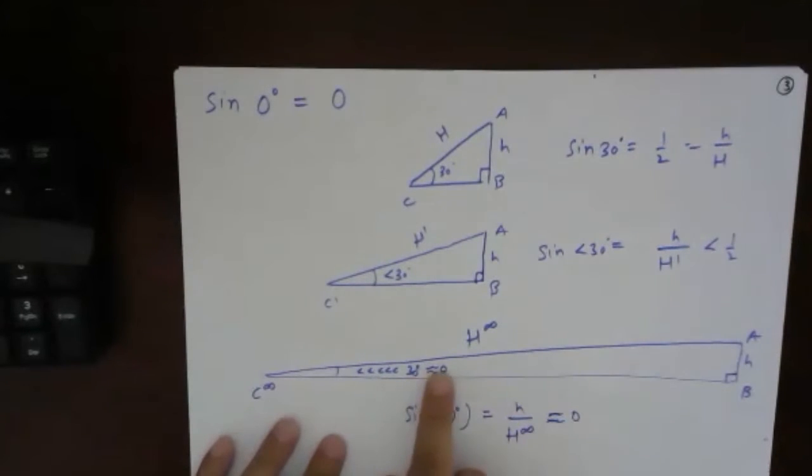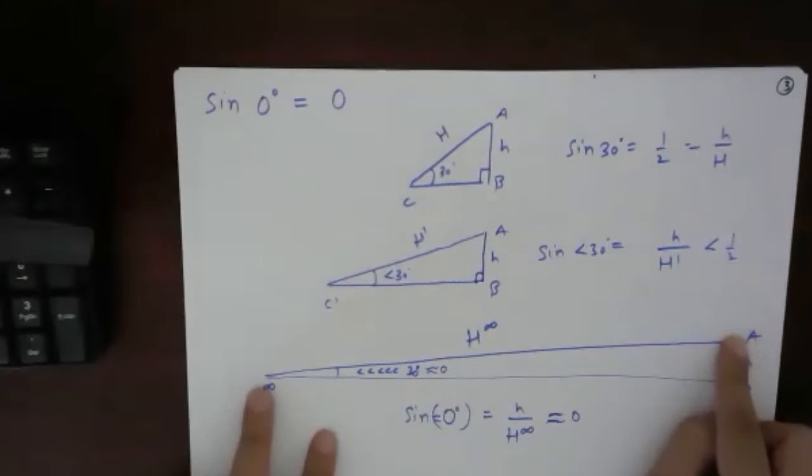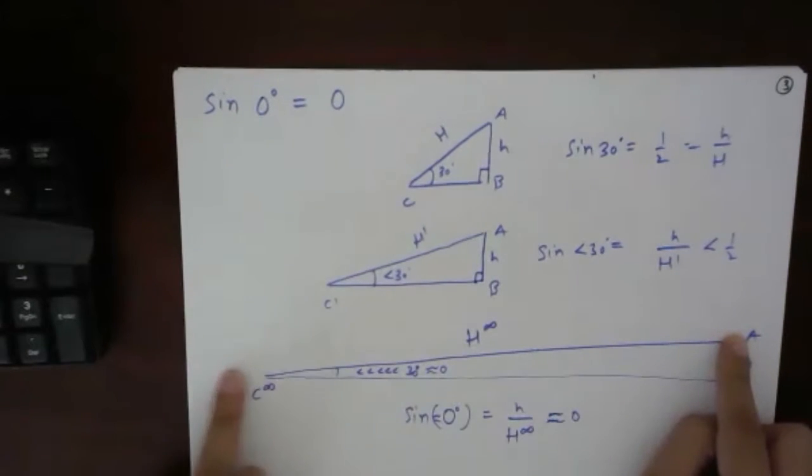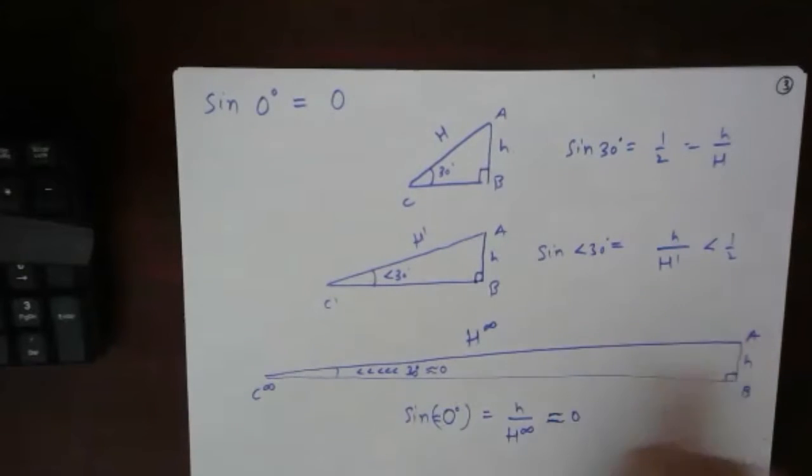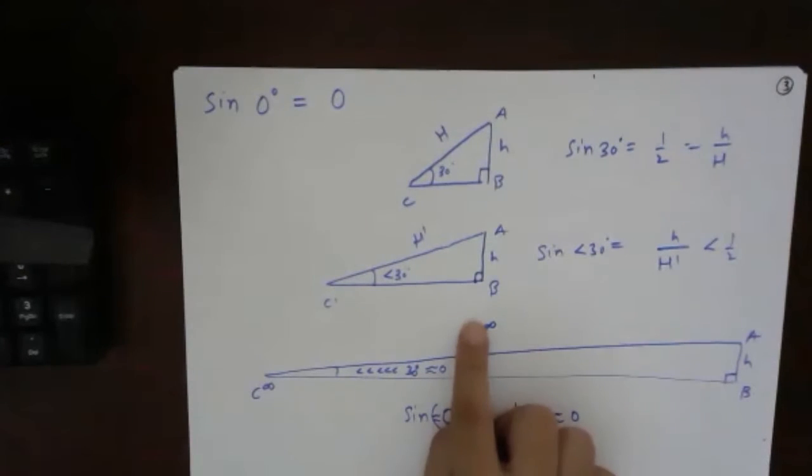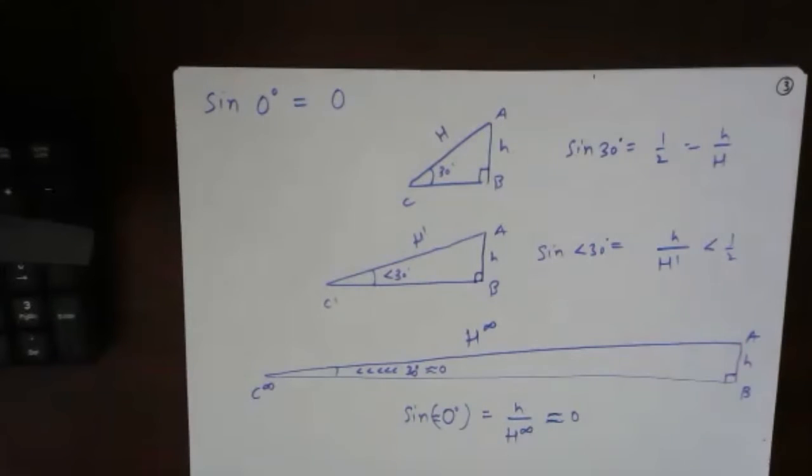Now see, if this angle is 0, I know this length h dash, h infinity, will keep on increasing. So this capital H will also be increasing in value. At infinity, this will be very high, and this small h is constant.